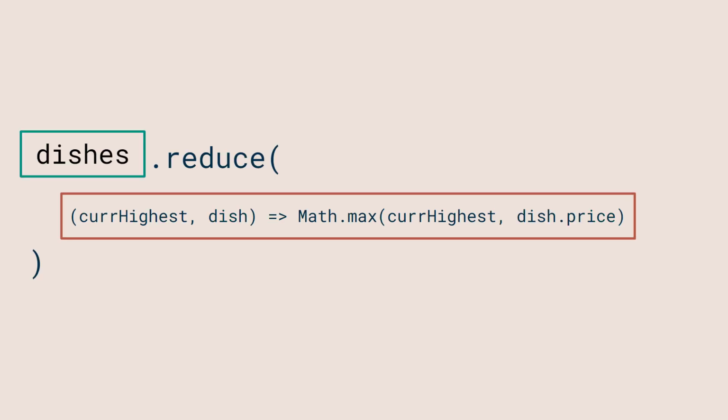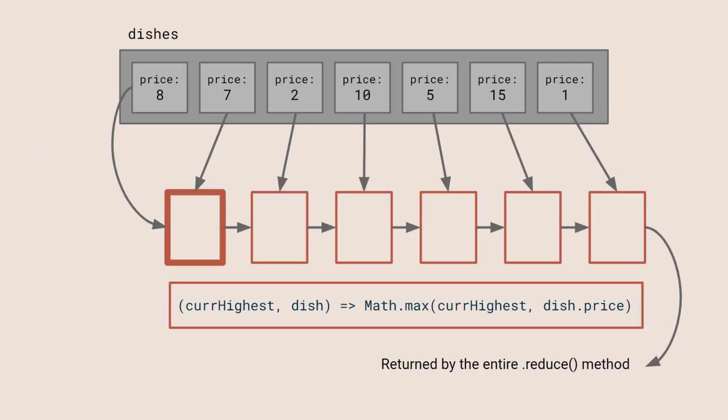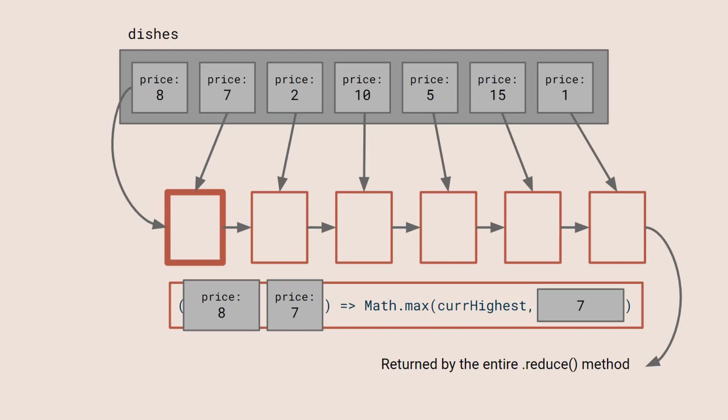Let's try it. We pass that into our reduce method, and let's see what happens. In our first call, current highest is filled in with the first item in the array, the dish with the price of 8, and dish is filled in with the second item in the array, the dish with the price of 7. We call math.max, dish.price is filled in with 7, and current highest is filled in with a dish object.